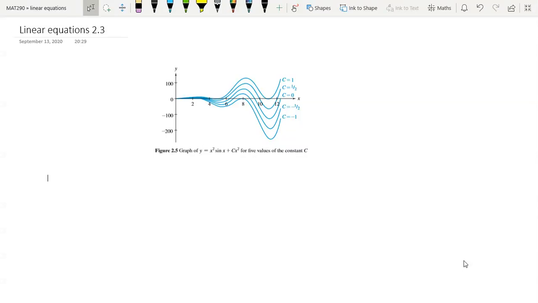Hi everyone. We will talk about linear equations. What are these?